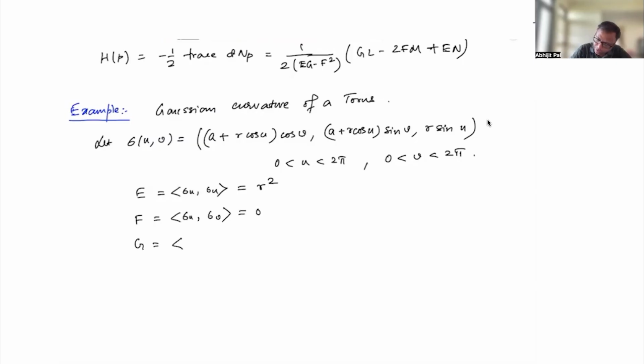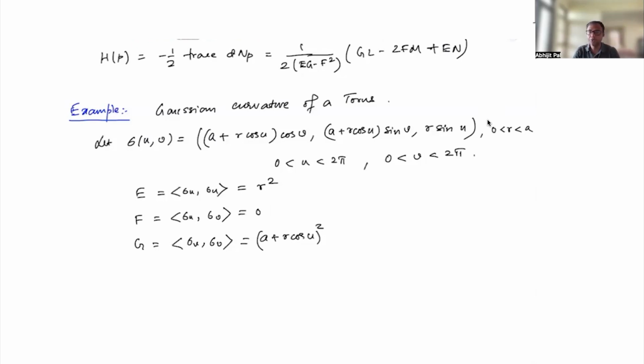G is equal to the inner product of sigma_v with sigma_v, so this will be equal to (a plus r cos u) whole square. Okay, here also note one thing: this r is a positive number which is less than a.